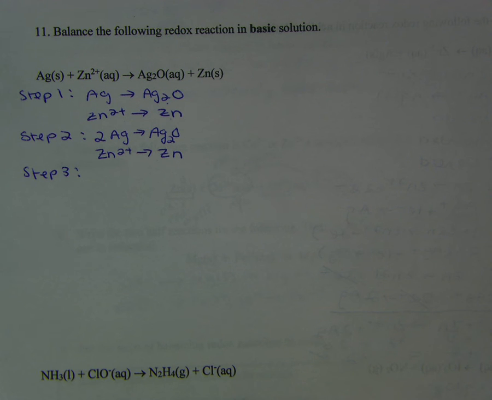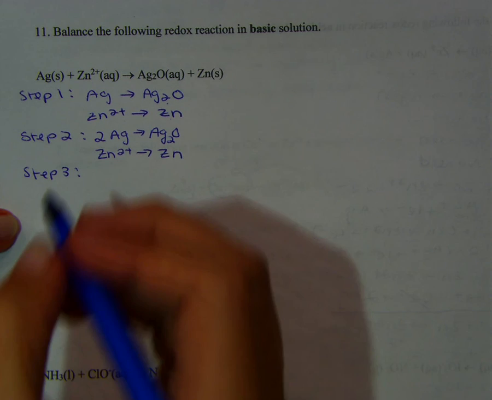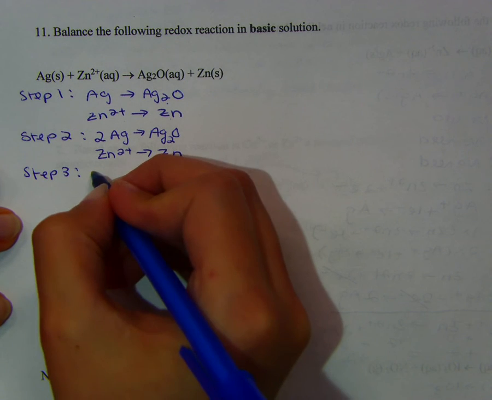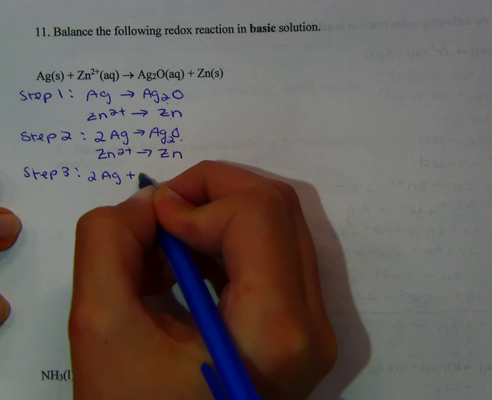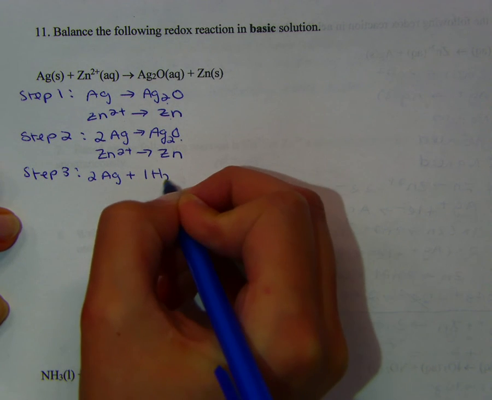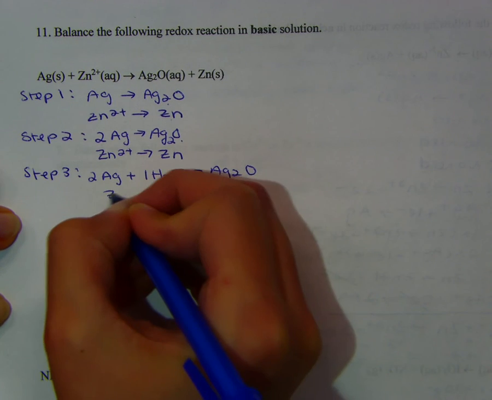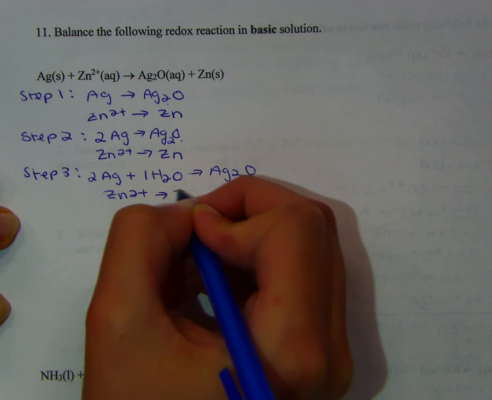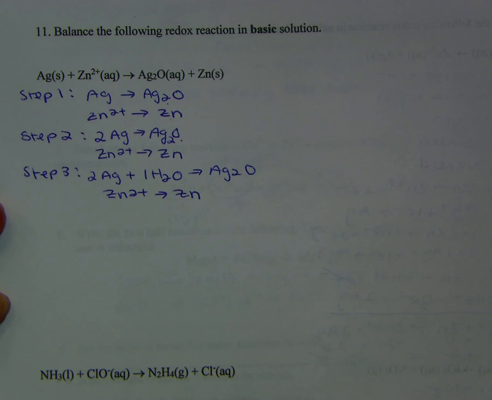Oh wait, there we go. So this is going to be 1 oxygen, so 2 Ag plus 1 H2O goes to Ag2O, and my zincs are fine. Next, okay, I added in water, so like we said before, we need to add in hydrogen. This is why the basic solution one is so long.